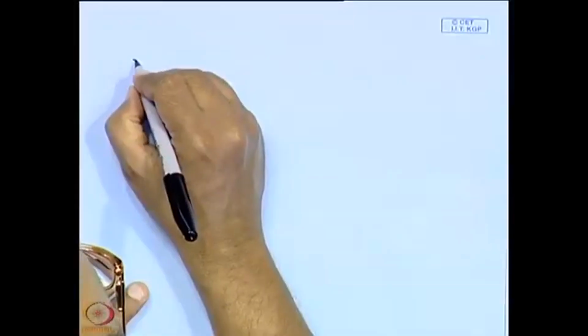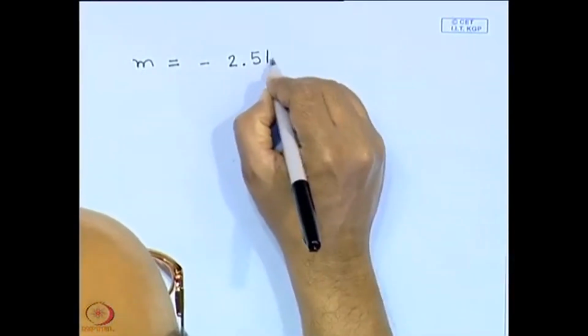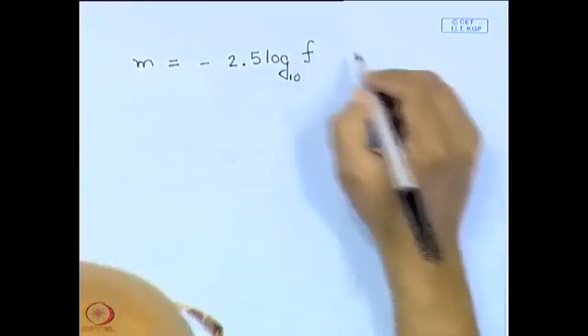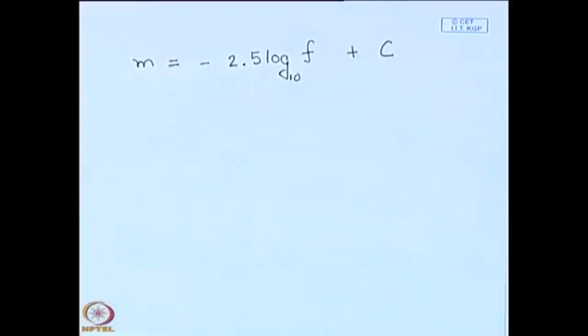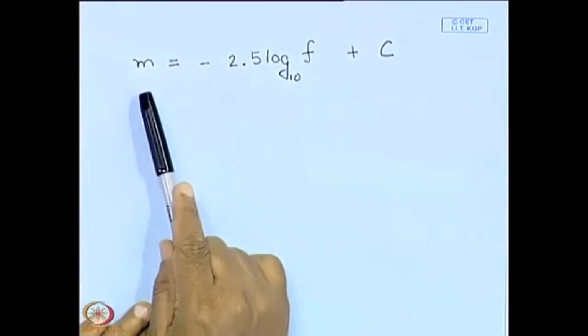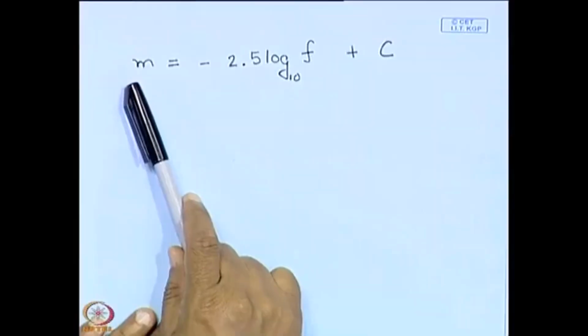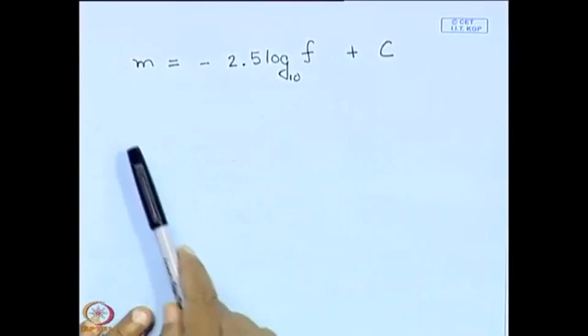It was later found that these magnitudes are related to the flux by this relation. So the apparent magnitude is related to the flux like this: m = minus 2.5 log base 10 of the flux plus a constant. So it was found later that the magnitudes defined by the ancient Greek astronomers were related to the measured fluxes like this.